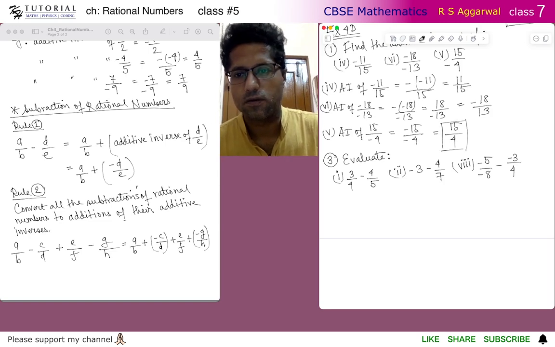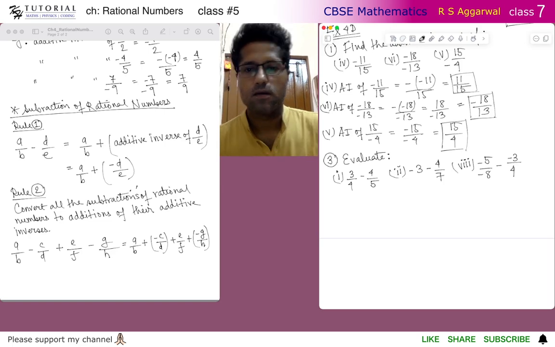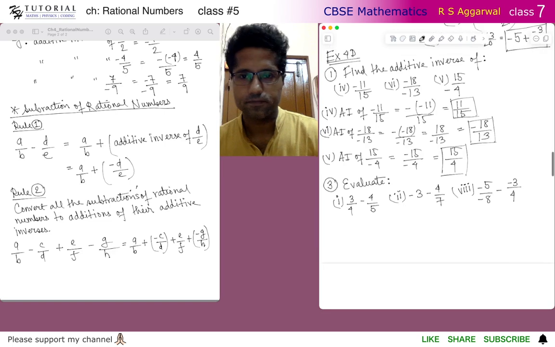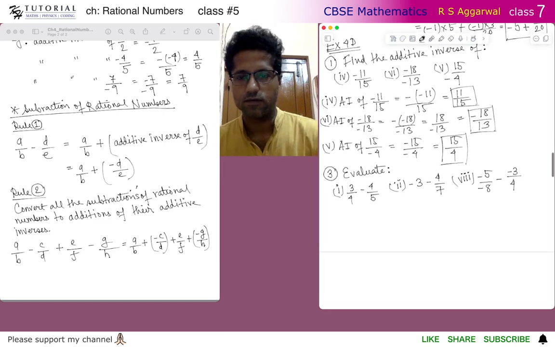So these are the answers. You can take a screenshot. So this was additive inverse of some rational numbers.